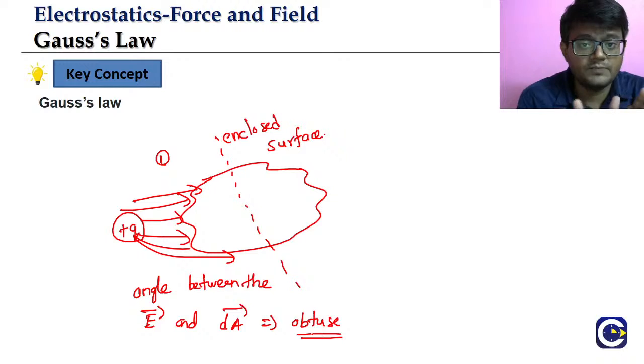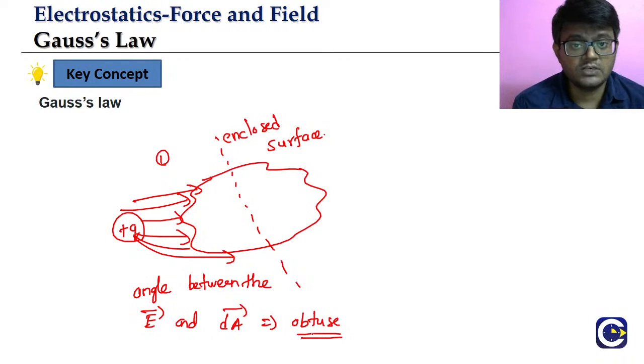Why? Because flux means dot product, so a cos theta term comes. Angle obtuse means cos theta will be negative.